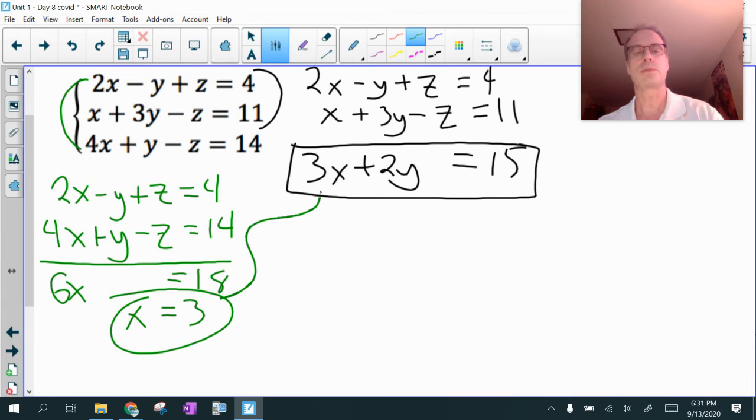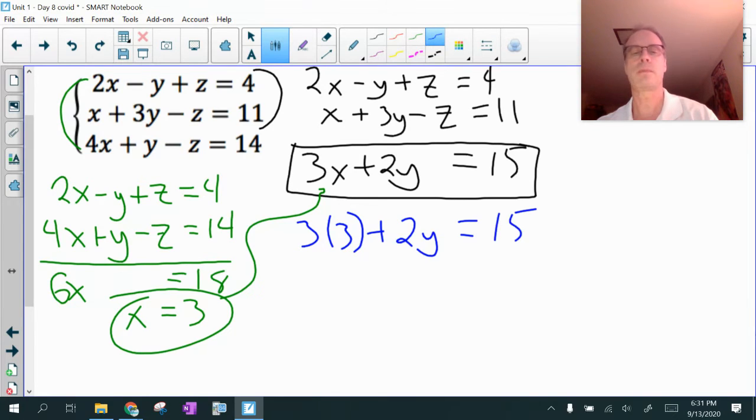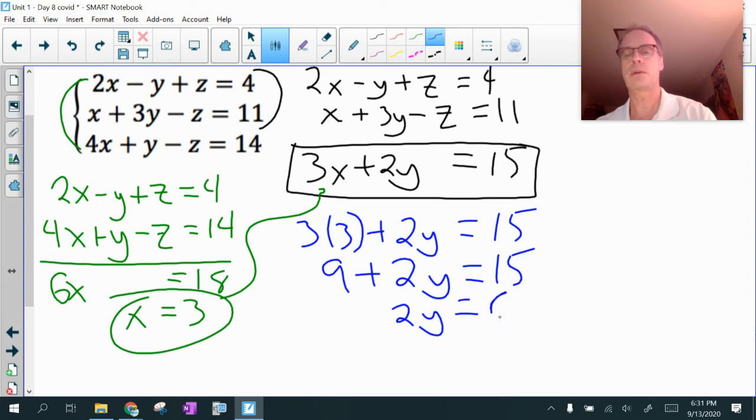So I'm going to substitute this value in for x, and that's going to get me 3 times 3 plus 2y equals 15. Well, 3 times 3 is 9. 9 plus 2y equals my 15. And now I'm going to subtract 9 from both sides. I'm looking at 2y equals 6, so therefore y equals 3.